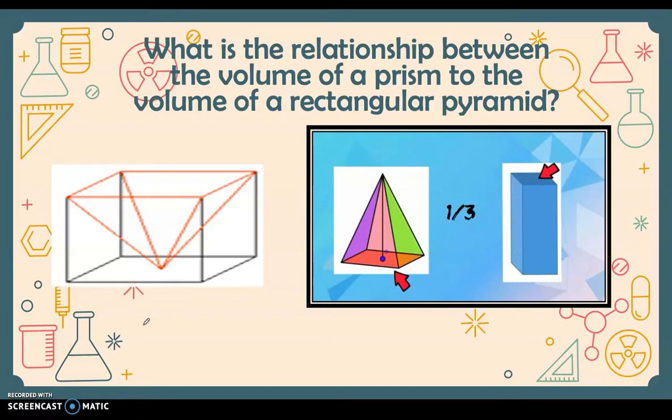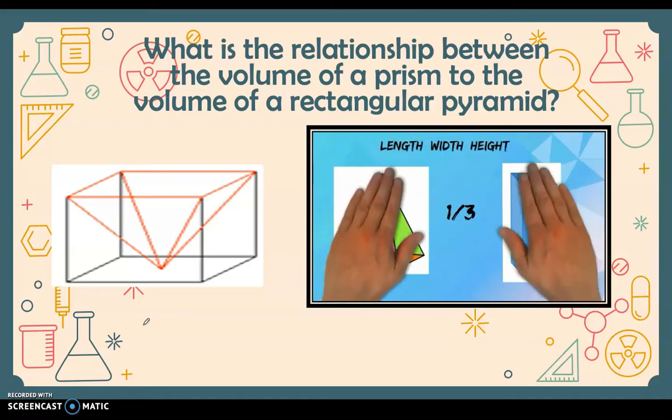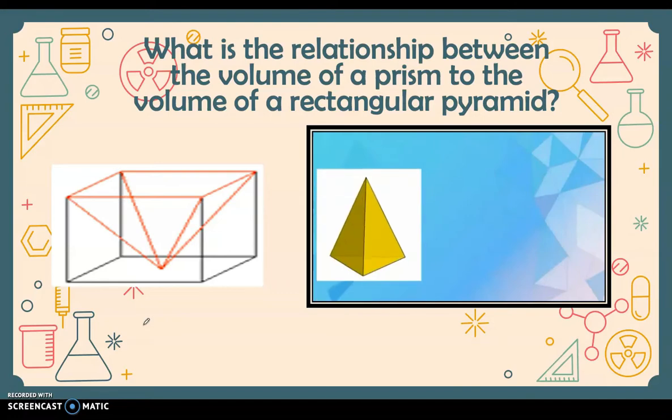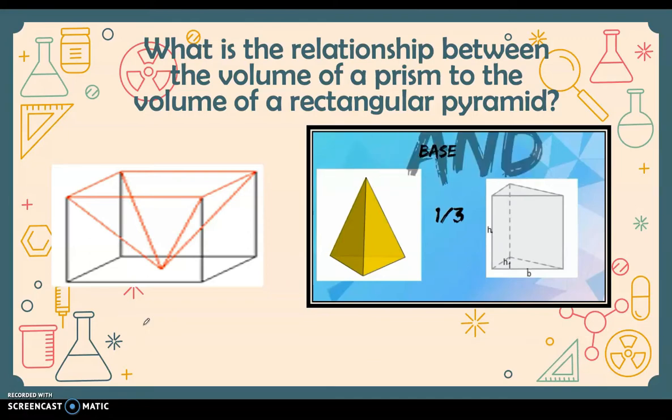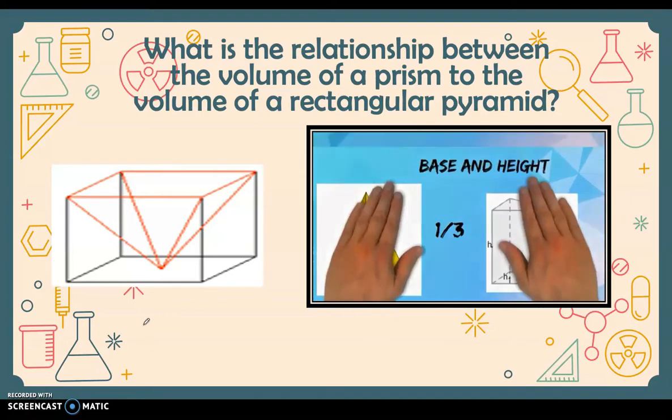For example, if you have a pyramid with a rectangular base, its volume will be 1/3 of the volume of a rectangular prism, with equal length, width, and height. The volume of a pyramid with a triangular base will be 1/3 the volume of a triangular prism, with an equal base and height. Let's see.